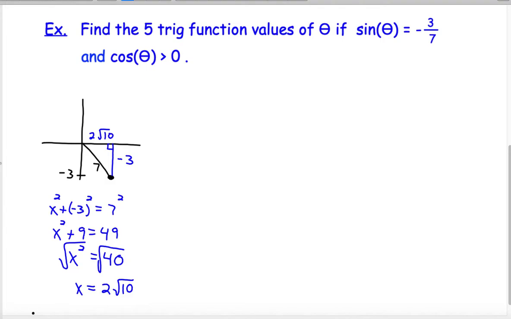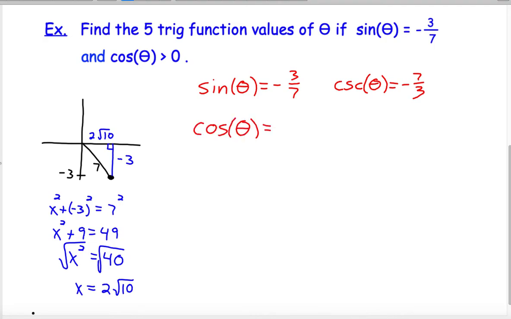All right, so now we're ready to go ahead and write our answers. Now we know the sine, they already gave that to us, but I'm going to put it up here. The sine is -3/7, so I know the cosecant will be -7/3. From my picture, the cosine of theta is going to be 2 root 10 over 7. So the secant, I'm going to have to do a little work on this one, is going to be 7 over 2 root 10.